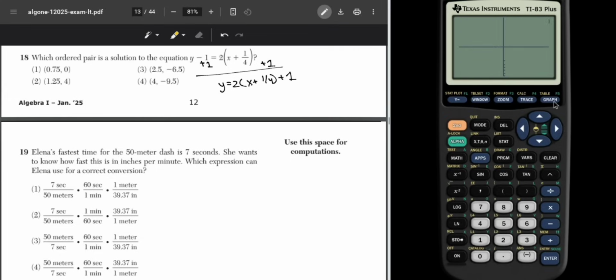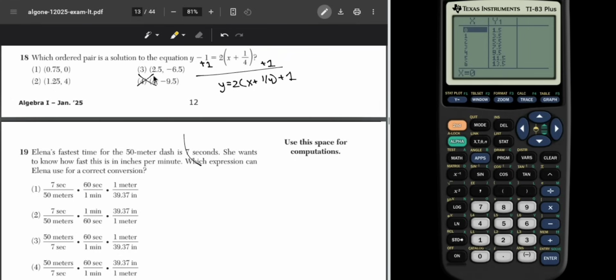And then I'm going to graph. And I get my line. If I look at my table of values, I don't see the following numbers, like 0.75, 1.25, 2.5, but I do see 4. And I see 4 is 9.5 for my y value. So I can already eliminate answer choice number 4. I know that is not going to be my answer.